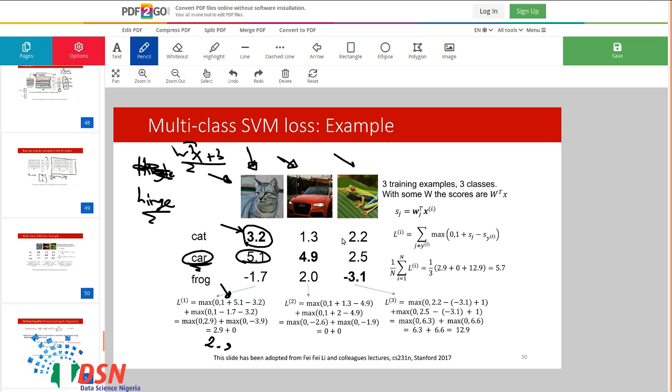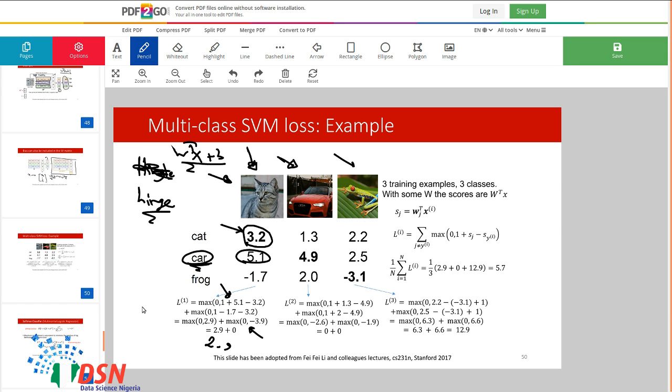So this loss is a one-sided kind of loss. In other words, because this is less than the cat, we don't need to penalize this, or mathematically you could see that here the maximum of 0 and minus 3.9 is 0.